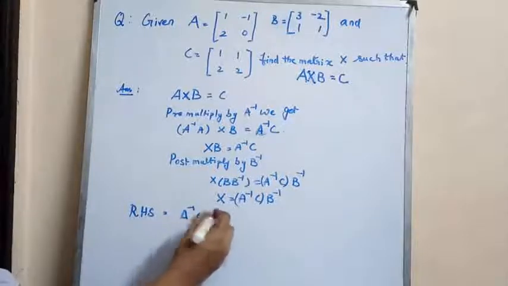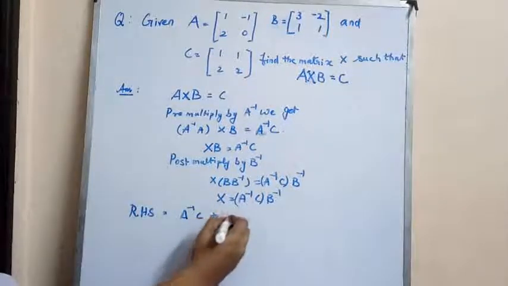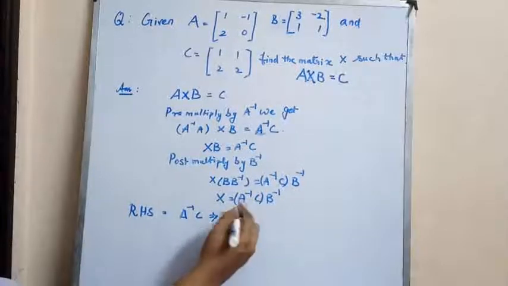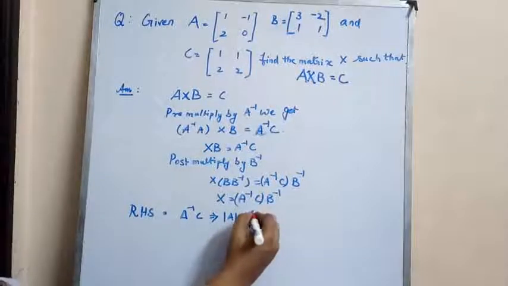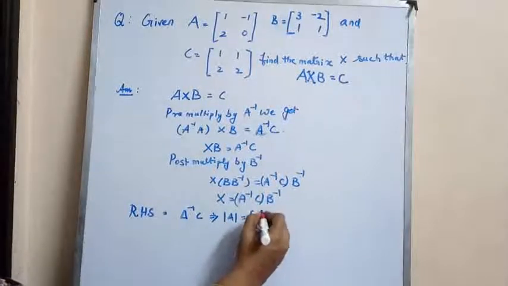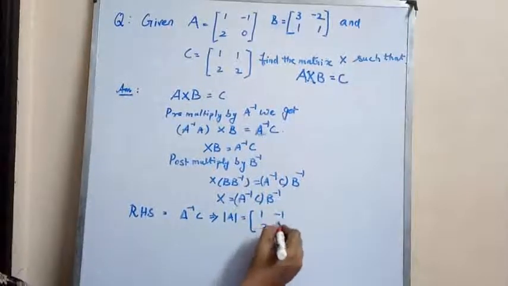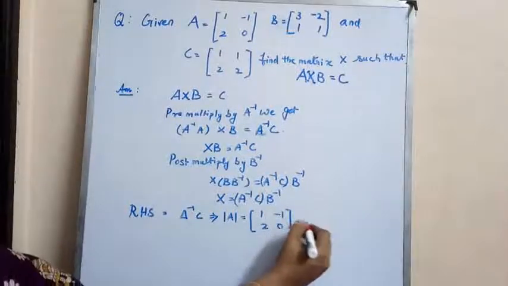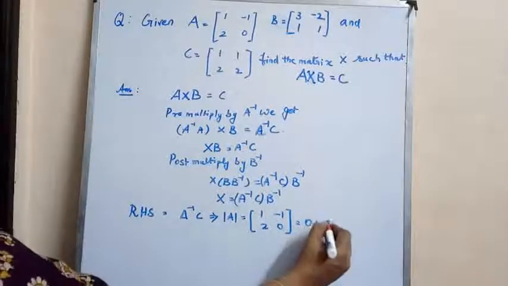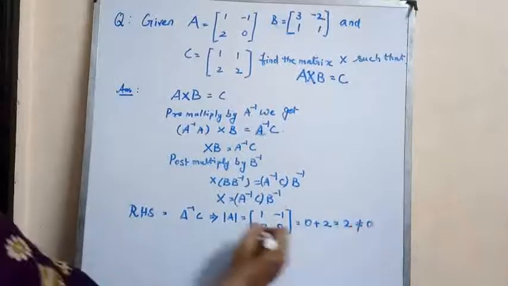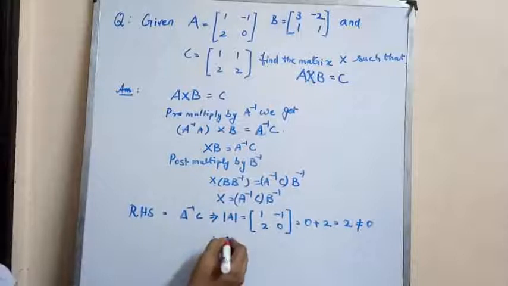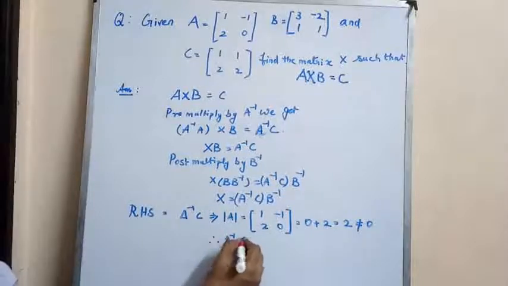For finding A inverse, we have to check the determinant value first. So determinant value of A is 0 minus of minus 2, which is equal to 2, which is not equal to 0. Therefore A inverse exists.